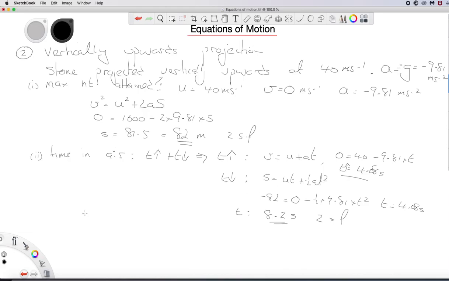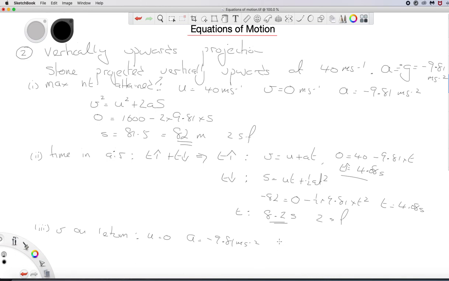And then finally, how about the velocity on its return? Well, we know it starts off at 0 meters per second at the top. So we have u equals 0, a equals minus 9.81 meters per second squared, because it's still in that negative direction.